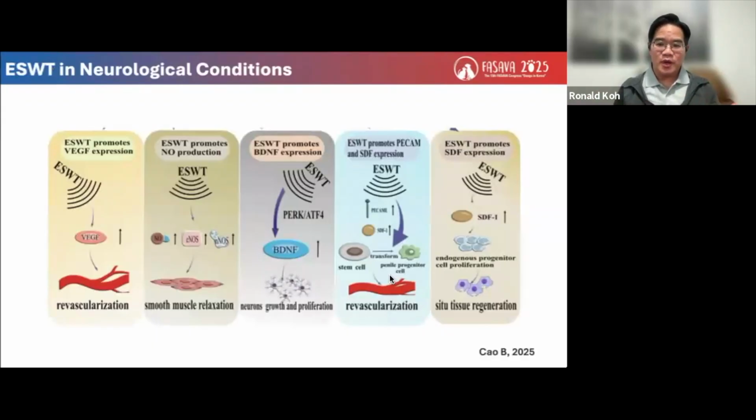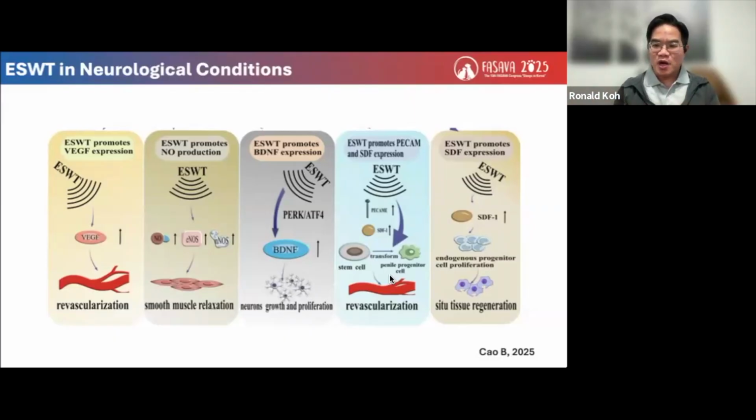Shockwave. Now, many of you feel like shockwave is good for musculoskeletal problems like tendon, joints, arthritis, but it also has fascinating neurological effects. When you look into the literature, shockwave has been found to increase VEGF expression, which helps to promote vascularization, which benefits spinal cord injury by increasing the perfusion within that lesion.